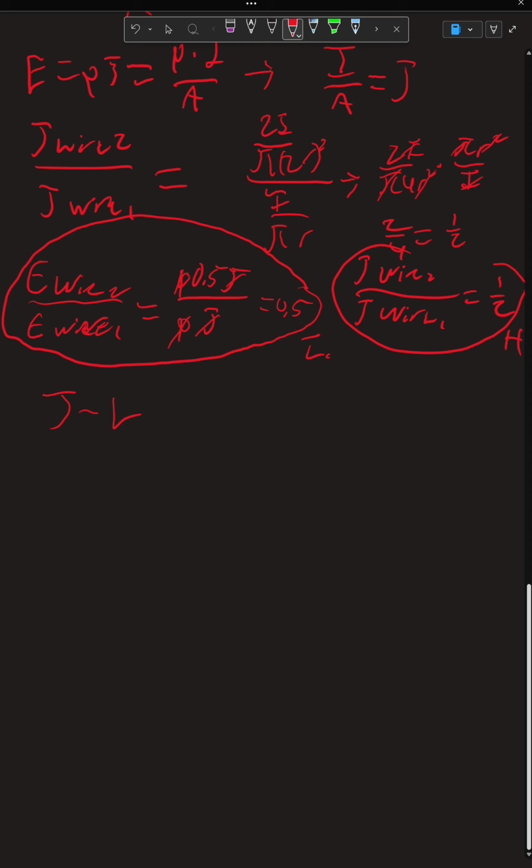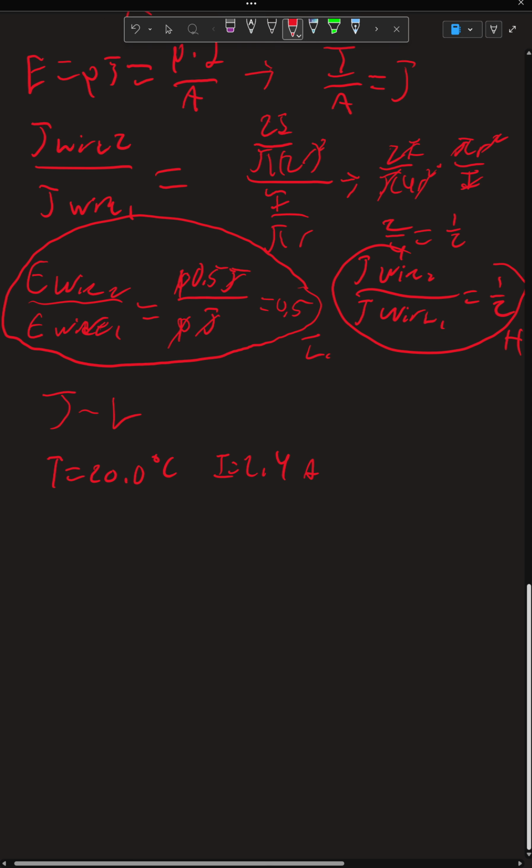J2L. It's asking: the current in a certain wire at 20 degrees Celsius is 2.4 amps when the potential difference between the ends of the wire is 1.5.